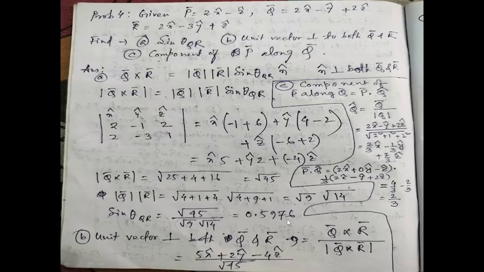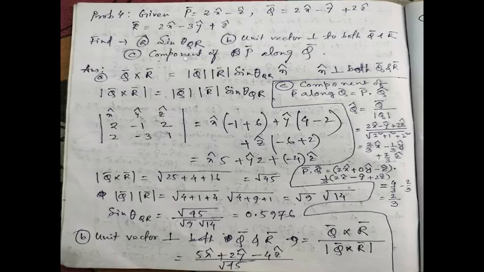We have done it here: q cross r is 5x hat plus 2y hat minus 4z hat, and its magnitude is root over of 45. So q cross r divided by its magnitude is the unit vector which is perpendicular to both vector q and vector r.